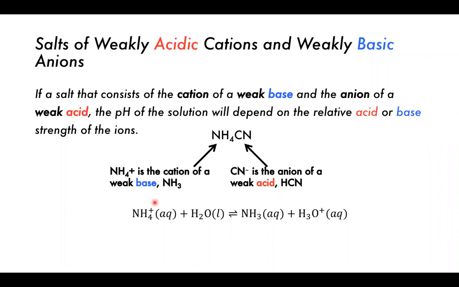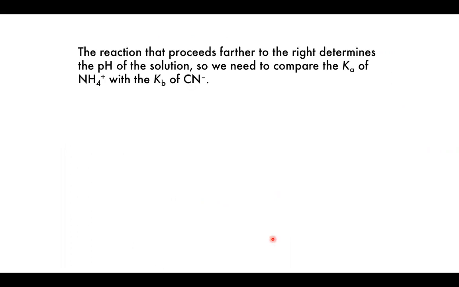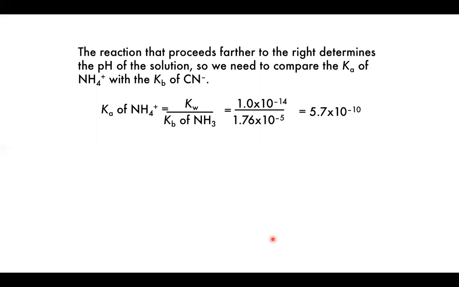We have this equilibrium reaction for ammonium, and we have this for cyanide. The reaction that proceeds farther to the right determines the pH of the solution. So we need to compare the Ka of ammonium with the Kb of cyanide.